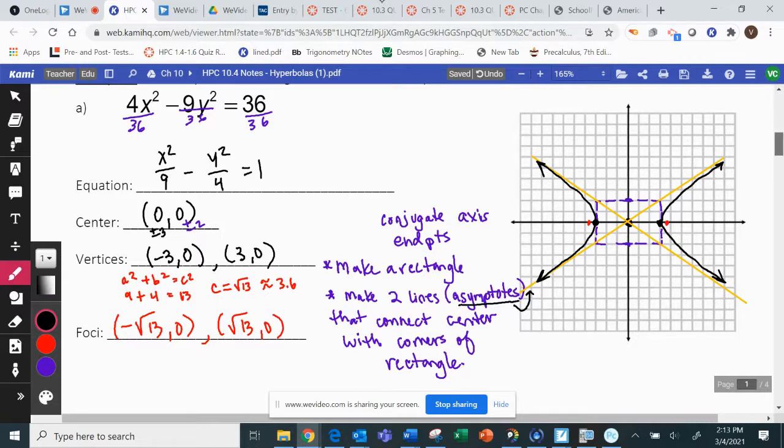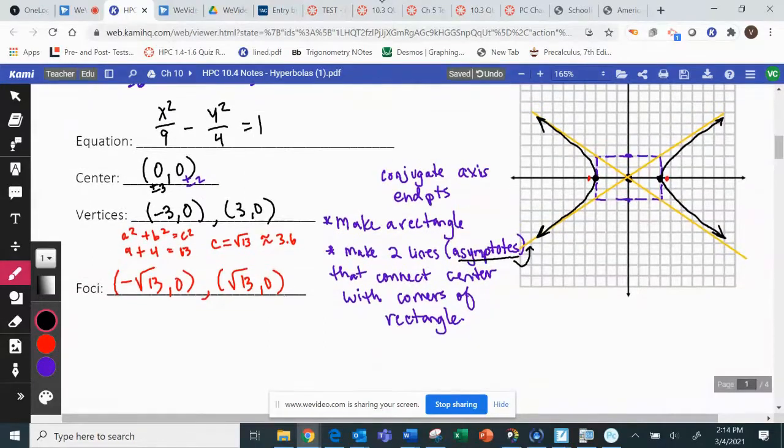And then the last question is asking us to write down the equation of the asymptotes, which this one's pretty easy to look at and figure out. So I'm not going to use the point slope form for this one. I already said the slope out loud when I was graphing them. The slope, one of them's positive 2/3, the other one's negative 2/3. And what's the y-intercept for those asymptotes? 0.